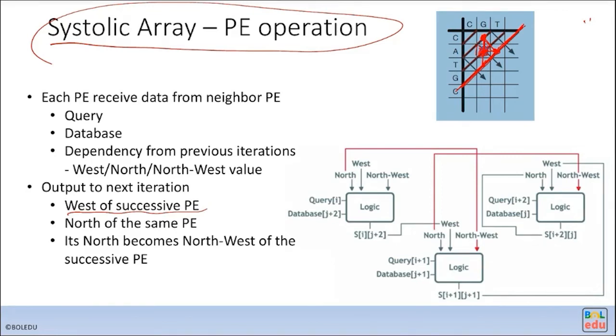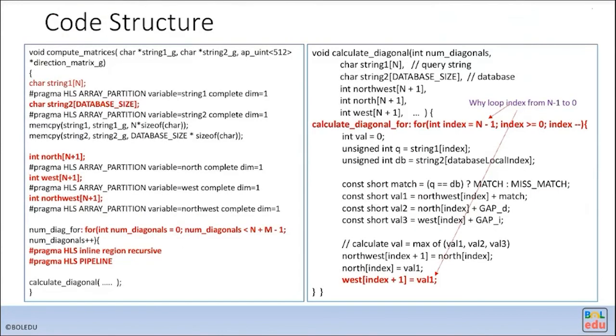So that's the operation. Let's look at the code. This is not the full code, but the code size is not big, less than 200 lines. What's important is how you write the C code so that it has the systolic array structure.